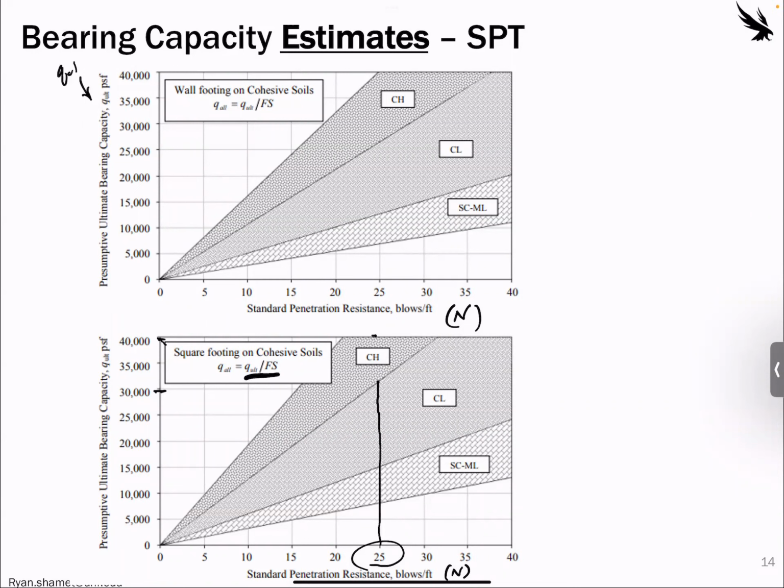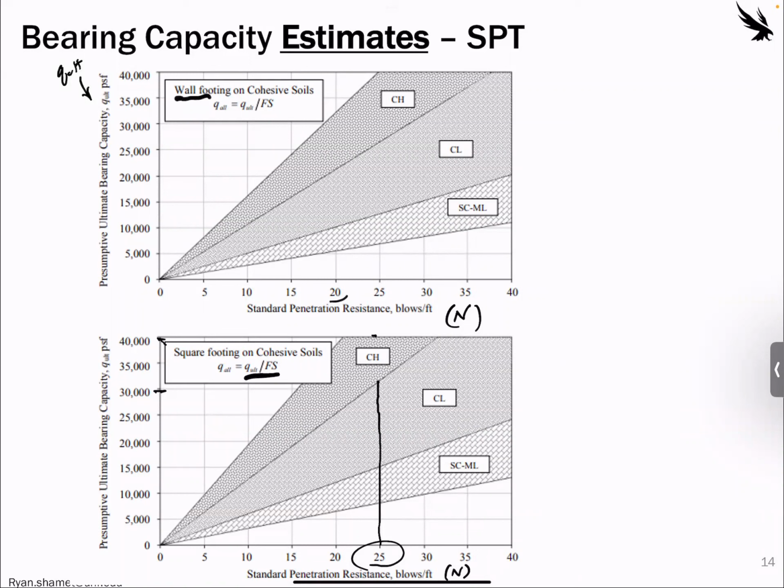But it helps because these are mainly used for a range. So if you're very confident on your soil, you can use the higher range. But again, for all footing on the top chart, let's say you had a lean clay right here. Essentially what you're saying is this range is acceptable.